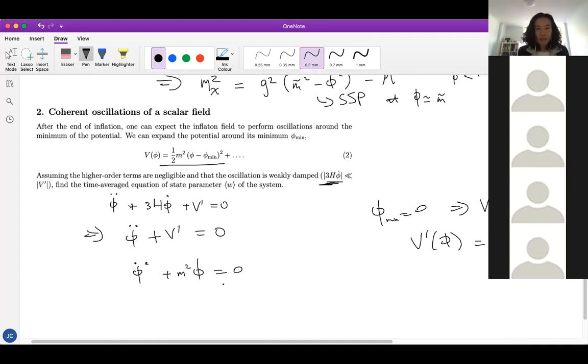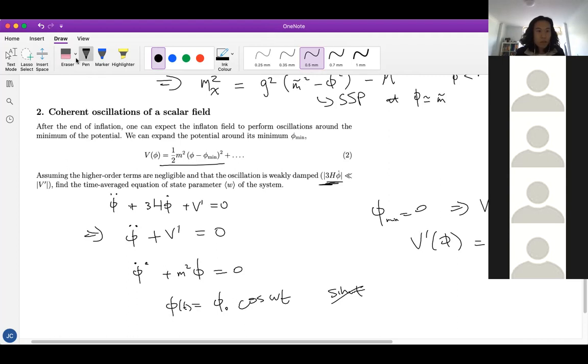Okay, that's a very trivial differential equation to solve. So then your phi would just be an oscillating sinusoid. So have some maximum amplitude and then cos omega t. There's technically a sine part as well, but you can always adjust the phase to delete the sine part.